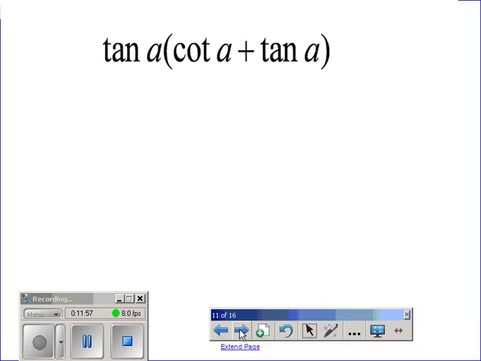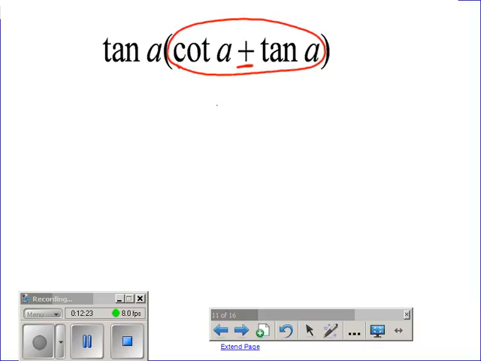So this is a situation where I would write things out as sines and cosines. But before I do that, whenever I've got a plus like this, I would probably deal with this inside part first and try to get just one fraction. So let's work this one out.